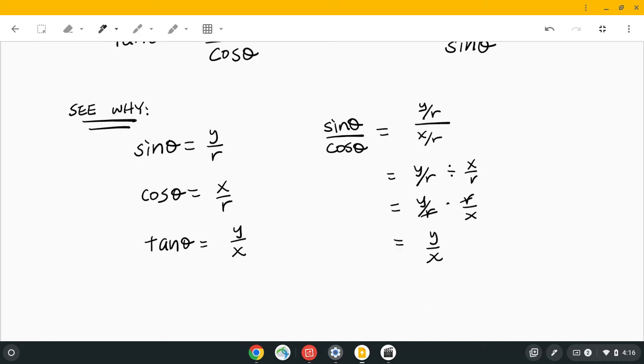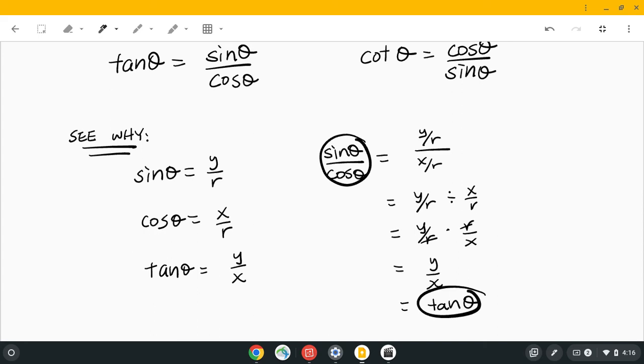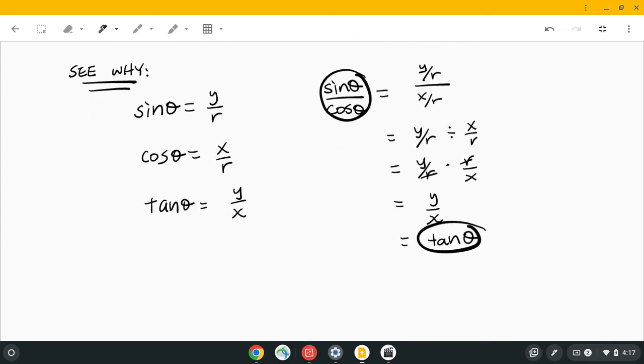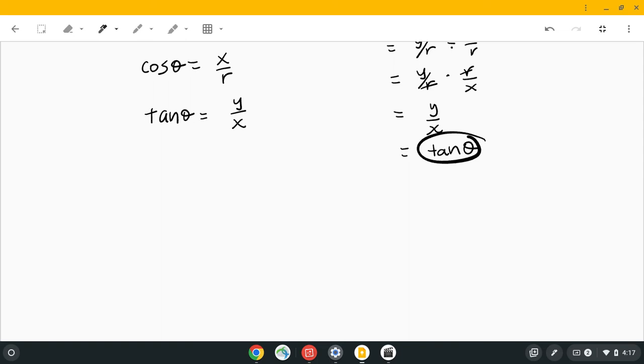But y over x, we know, is tangent. So we see that sine theta over cosine theta does equal tangent theta. And if that's the case, then cotangent is the reciprocal, so cotangent is cosine over sine.